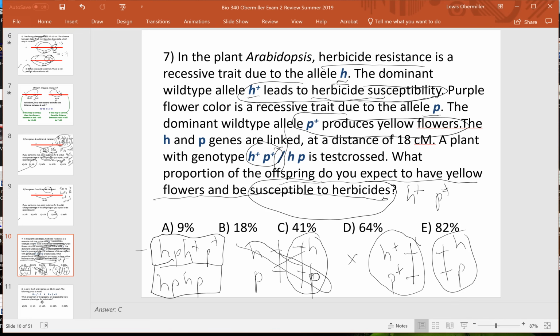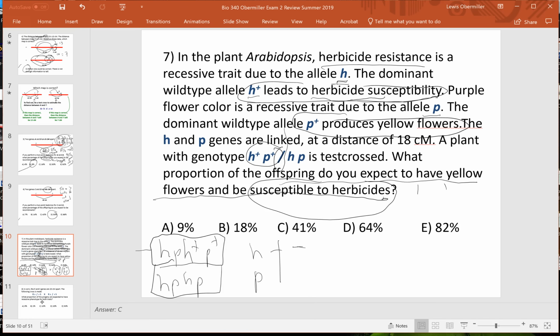So these plants here would have H plus and P plus. That means that they would be yellow and herbicide susceptible.